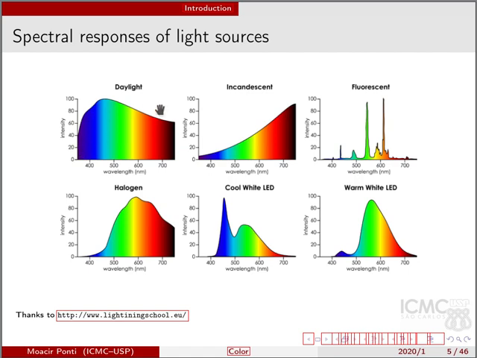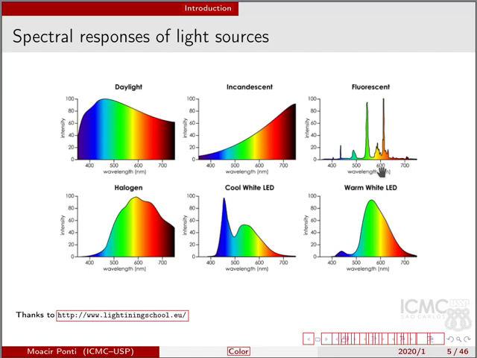This is different, for example, from an incandescent light bulb. This type of light is much more warm, as we call it, because it has a response that is more concentrated near the red value. The fluorescent light has this spectral response, so you can see that it has many peaks in different wavelengths.